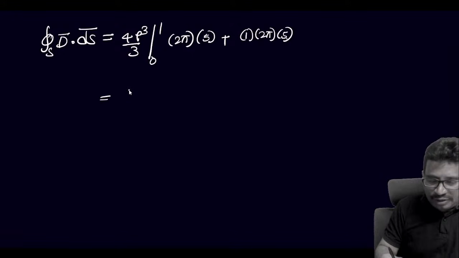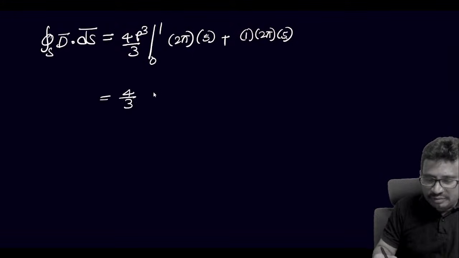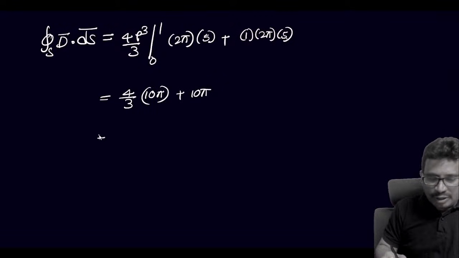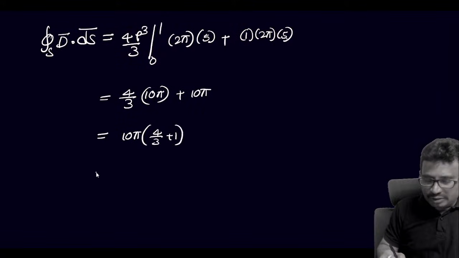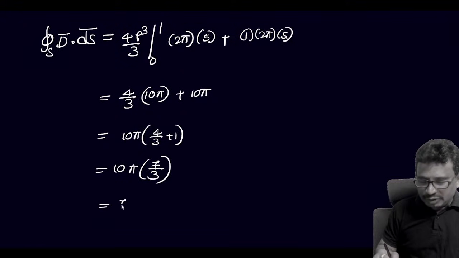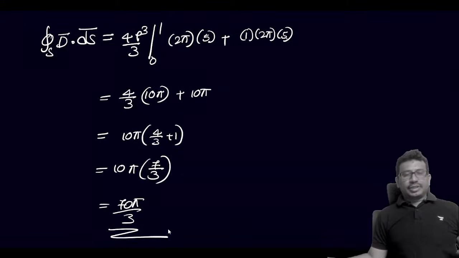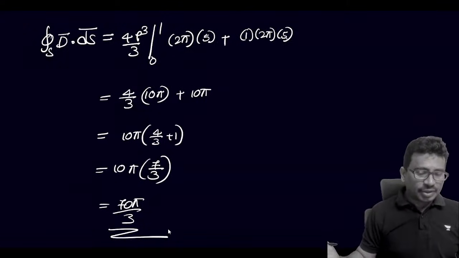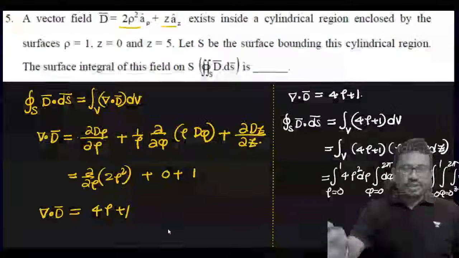So 4 by 3 into 10 pi plus 10 pi. 10 pi we have taken common: 4 by 3 plus 1. So 10 pi into 7 by 3, which will come as 70 pi by 3. Check it, all of you. Did you make any calculation mistake?